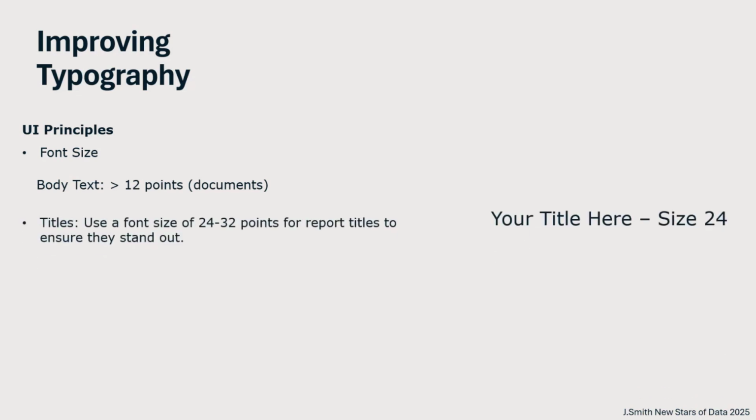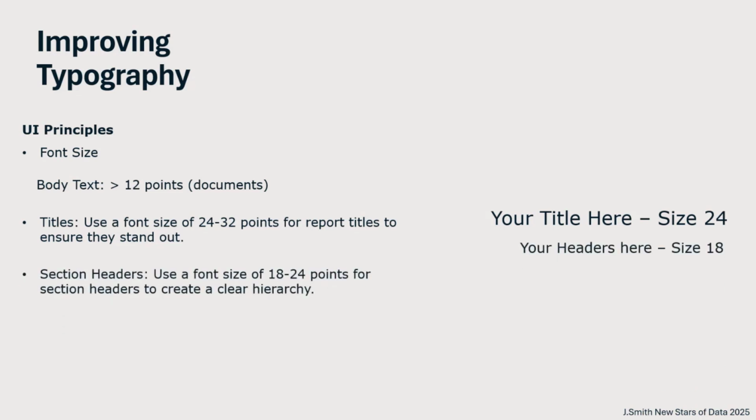And we can also use different font sizes within our report, and that will help build a hierarchy. So for titles, for example, we can use a font size between 24 and 32 points. This way, the titles will stand out. And then for the section headers, we can use a slightly smaller font size between 18 and 24 points.